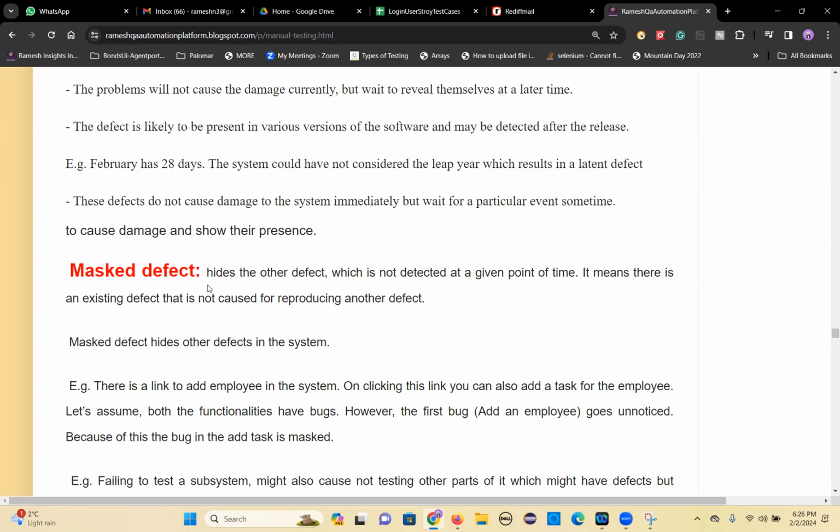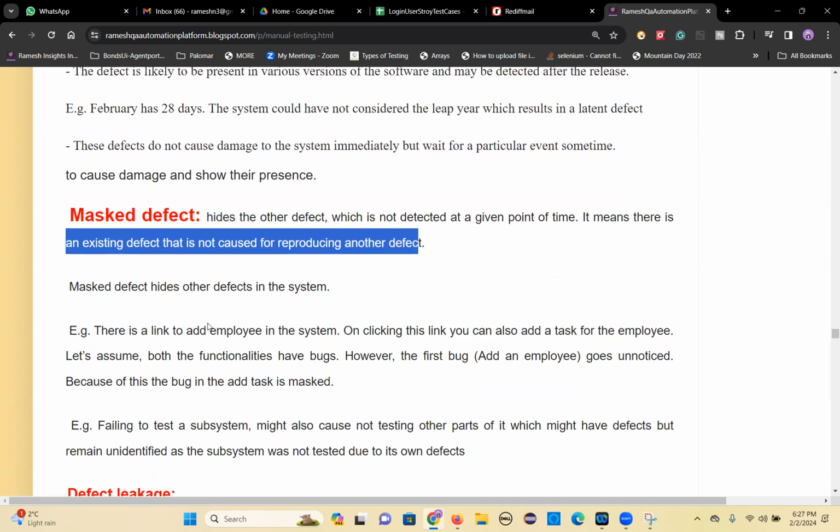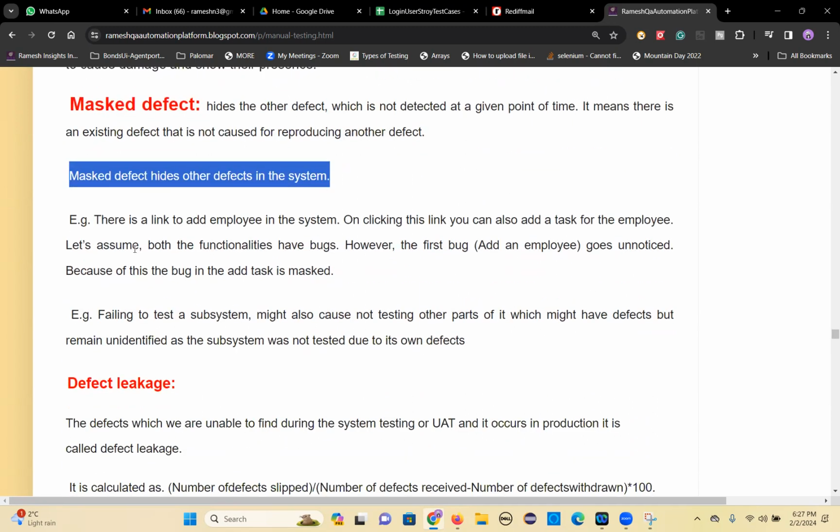There is another defect also in the other submodules, but you cannot catch that because the first main defect itself blocks the testing. That's what masked defect means. It hides the other defect which is not detected at a given point of time. It means there is an existing defect that prevents reproducing another defect.